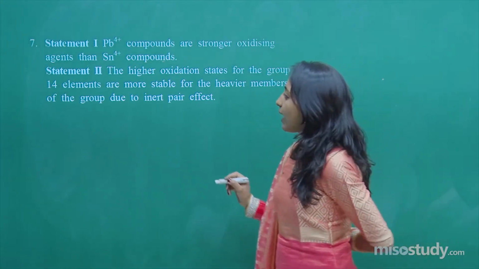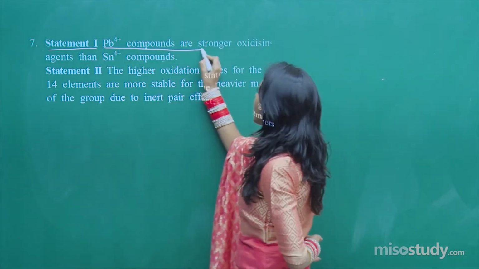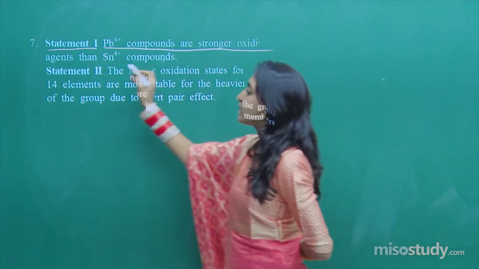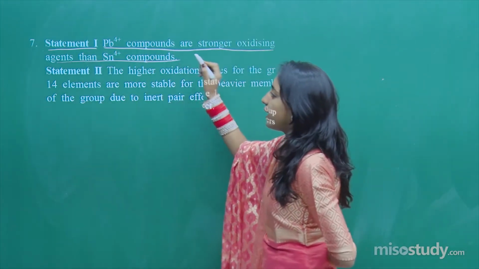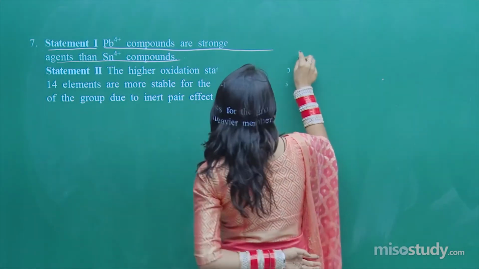So the question says statement 1: Pb +4 compounds are stronger oxidizing agents than Sn +4 compounds. That means he is talking about group number 14.